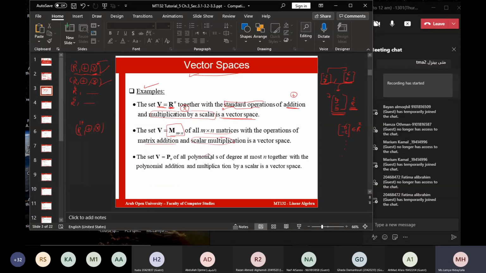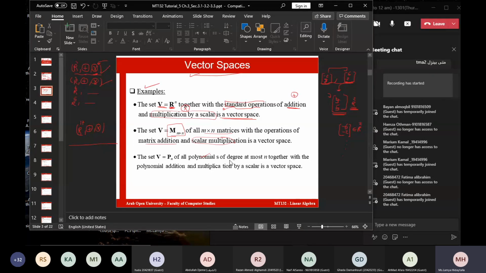And the same for the polynomials. What are the polynomials? Here, of certain degree n. So here, the set of polynomials, all of them of degree n. For example, 2x squared minus 3x cubed plus 4x to the power 5, this is, for example, the first one.